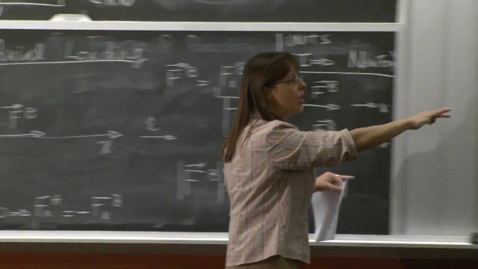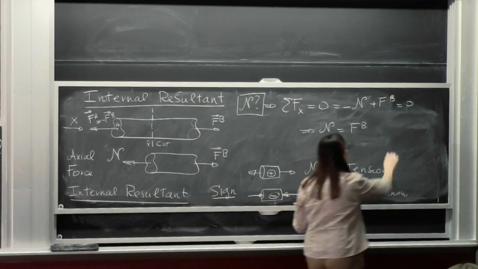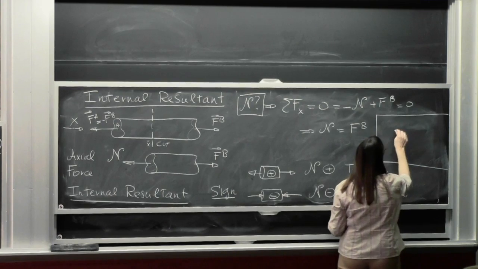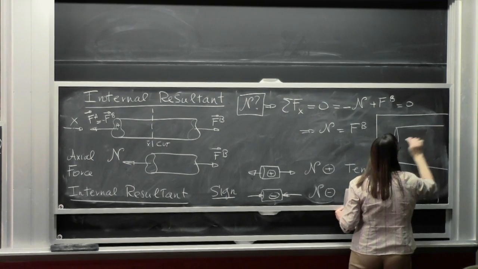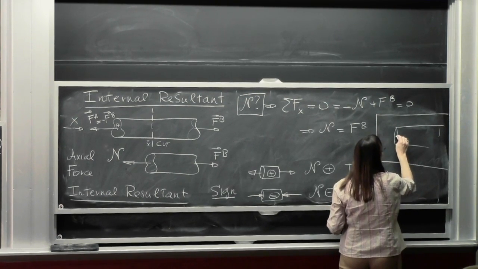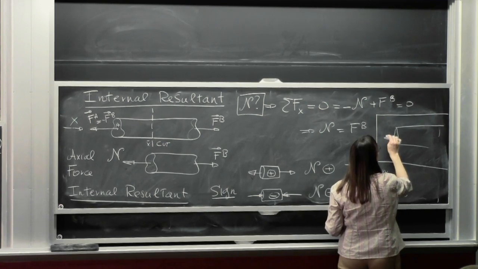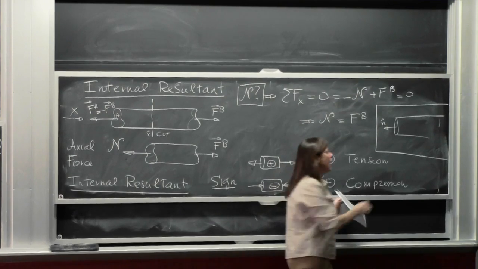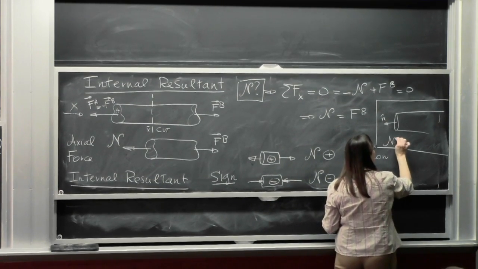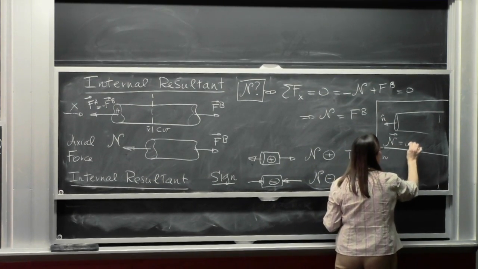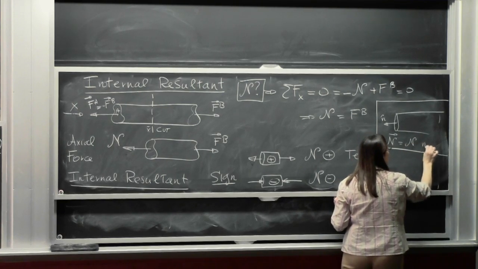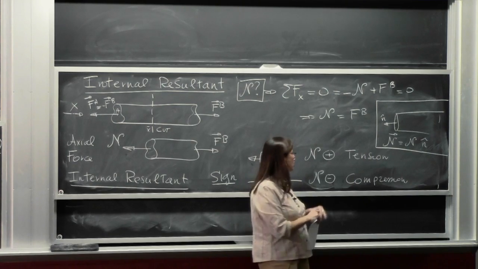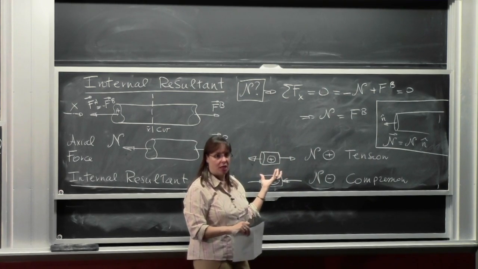This kind of convention goes with the fact that the axial force, if you think of it in terms of the vector, is, if you have a surface like that, then it will be in the positive n coming out. And if you think of n in a vector form, then n will be the magnitude of n times the unit vector coming out. Okay, so that's where this convention comes from.